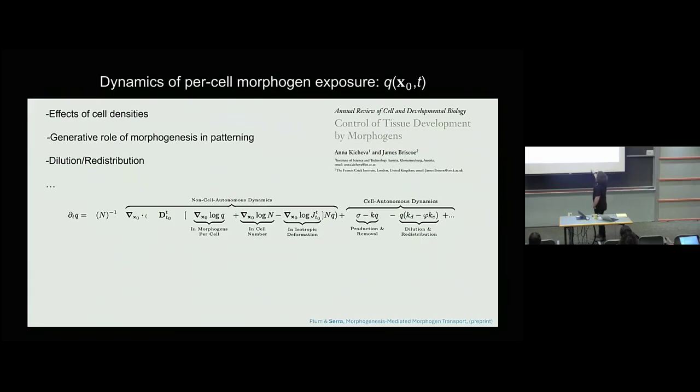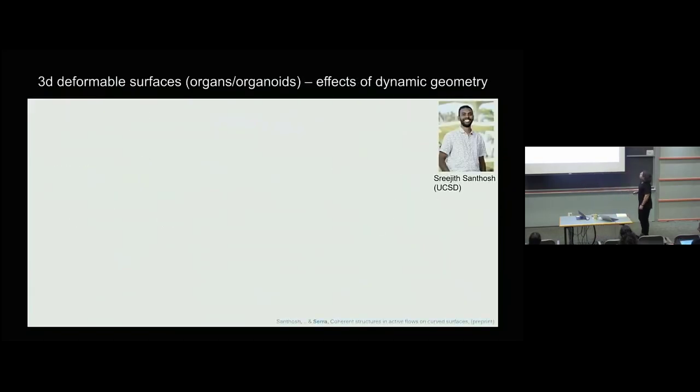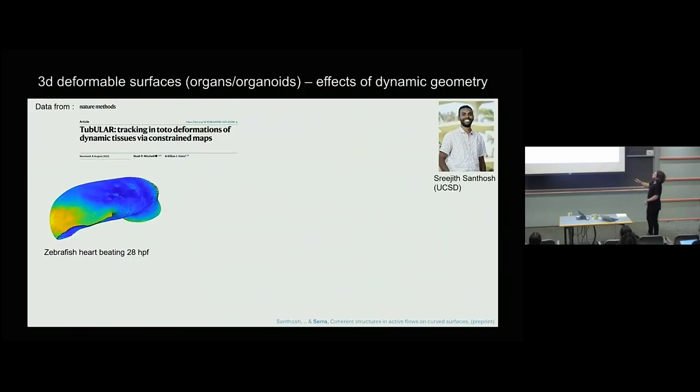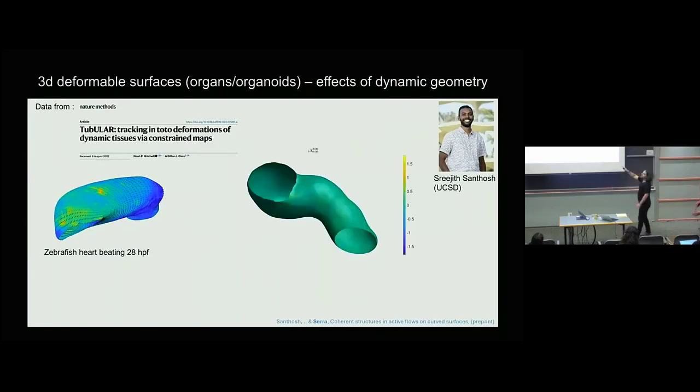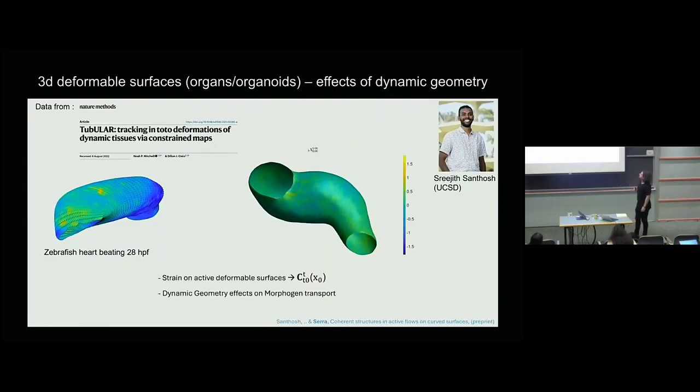We incorporated them here, and the effect of deformation is the same on the non-cell autonomous dynamics. We can do this also on curved deformable surfaces using data that was acquired here. So when you have an organoid or an organ with deforming embryo geometry, we can use the same machinery and see the effect of deforming geometry on this process. And I'll stop here.